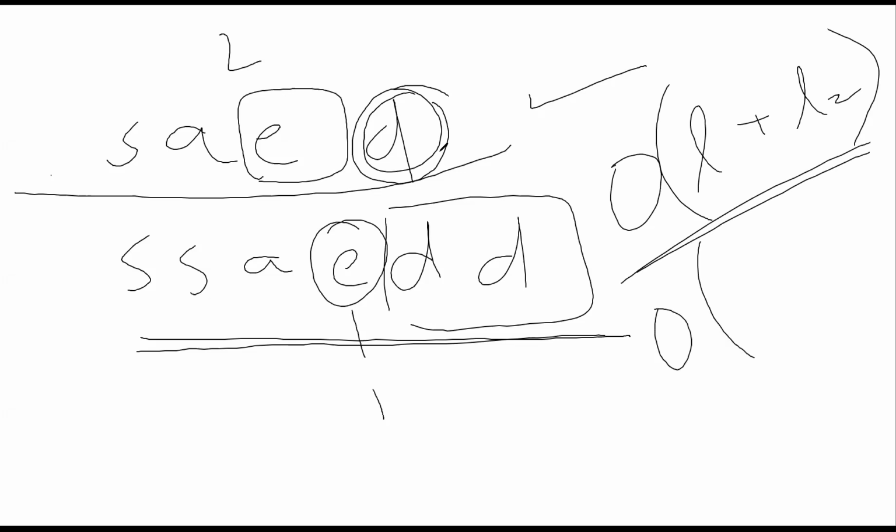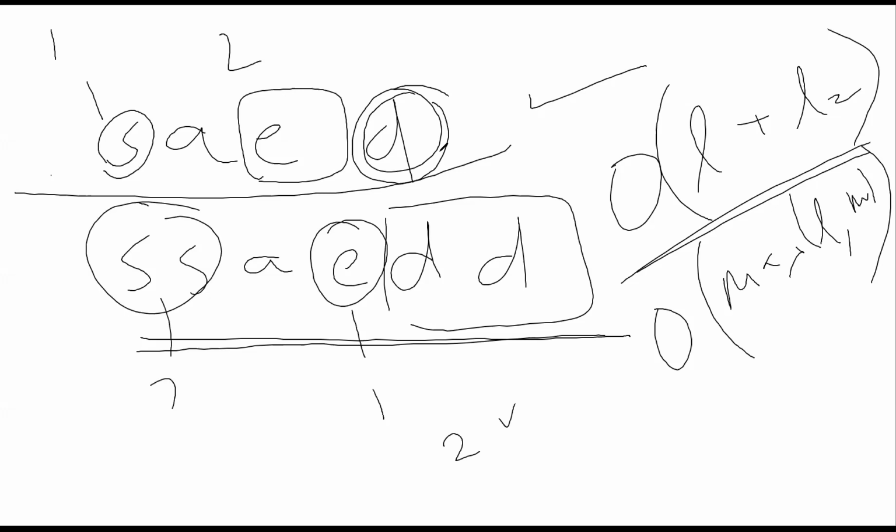O of max of L, M, assuming L and M are the lengths of the two different strings. And the space would be O of 1? Space is constant because I'm just using two variables, which store the counts. In this case it would be 1 and this would be 2.